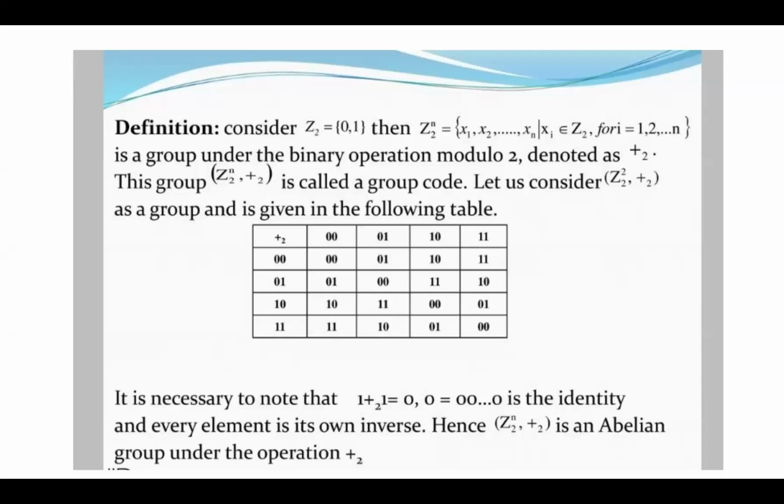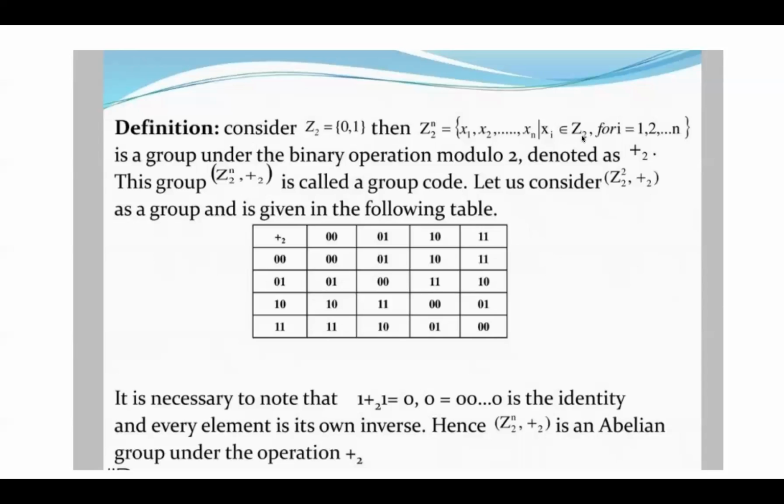So what we can say now is Z raised to n. Here you can see Z is 0 and 1. Then Z raised to n is the set of x1, x2, up to xn, such that xi belongs to Z2.